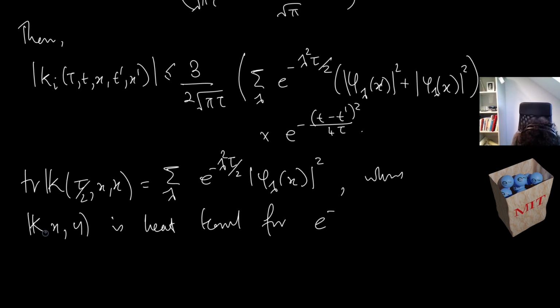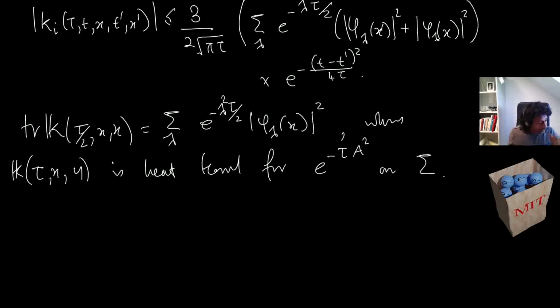So where this bold K tau t xy is the heat kernel for tau A squared, right? A is a self-adjoint operator, so A squared is also a self-adjoint operator. It's a differential operator on a compact manifold, on sigma, which is a compact manifold without boundary.